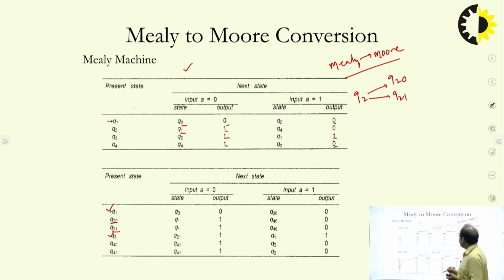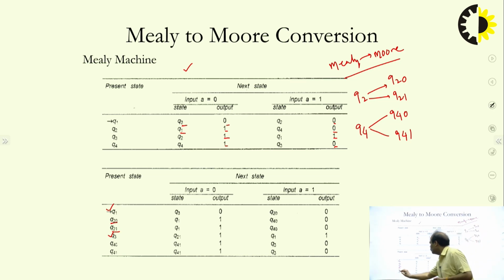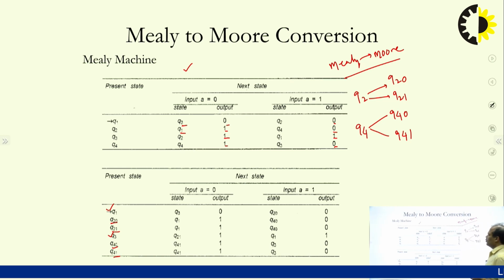Q4 has output 1 and Q4 has output 0, so Q4 is going to be divided into two, Q4 0 and Q4 1, corresponding to outputs 0 and 1. So the number of states in the corresponding Moore machine is more than the number of states in the Mealy machine.